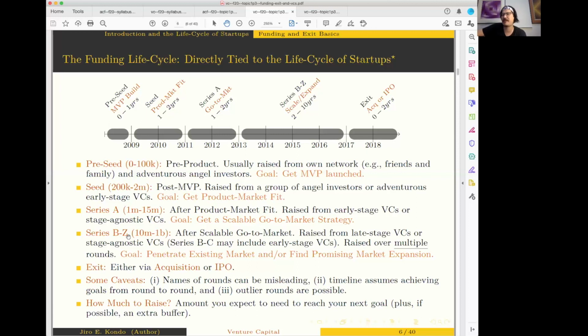Again, you can always find some counter examples, but the mega rounds almost entirely are. Show that you're succeeding in getting more and more market traction in as predictable of a manner as possible. Right? So that's the typical size of individual rounds. Perhaps unsurprisingly, the early phase 3 rounds are going to tend to be smaller than the later phase 3 rounds. Right? That's why, typically what you see is fundraising gets progressively larger over time.